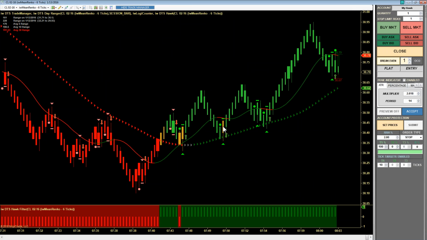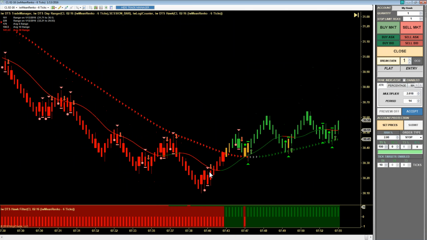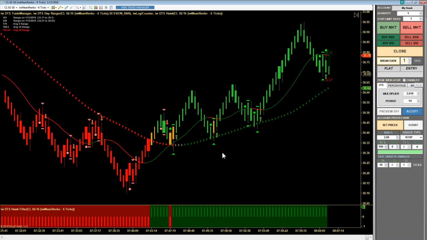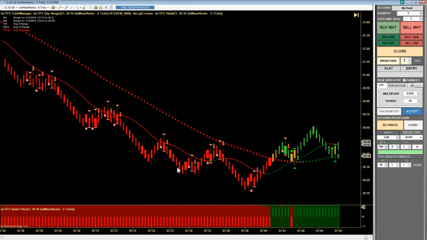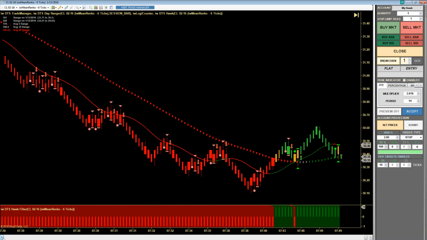This would not have been a macro pullback signal. Even though it worked out, I would not have taken it because of the yellow bar. Yellow bars show neutrality. Now, in hindsight, you can say, oh yeah, I would have taken it. It worked out fine. But when this is printing in real time, I don't know if this is just a temporary pullback or if I'm going to see a retest of the lows. This yellow bar would put me off.